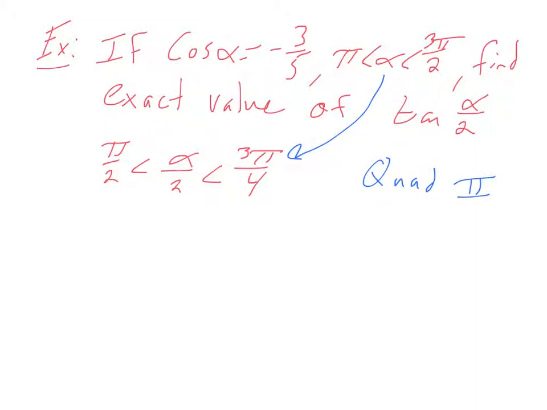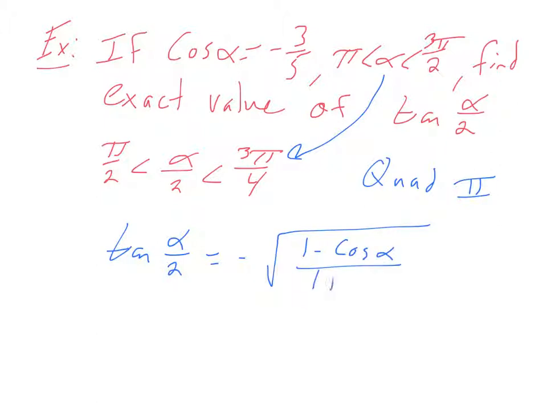If I want to find tan alpha over 2, first of all, tangent is negative in quadrant 2. So when we use the tan formula, we want to take the negative version, and so we get the square root of 1 minus cosine alpha over 1 plus cosine alpha. We know what cosine alpha is, so we get 1 plus 3/5 over 1 minus 3/5.